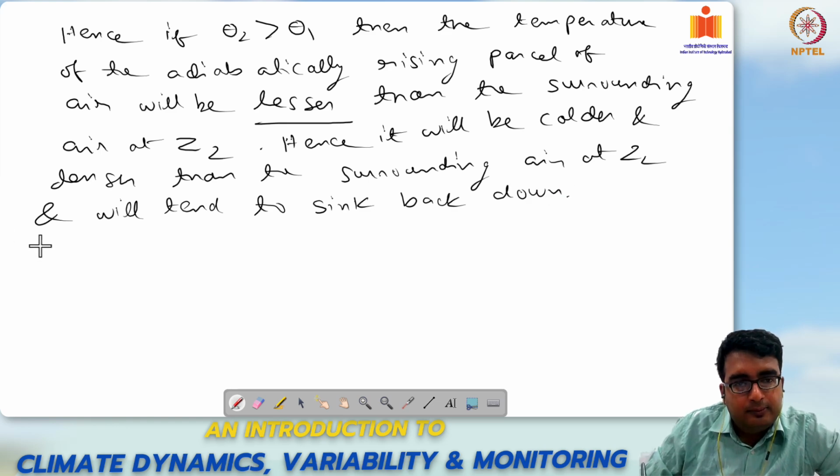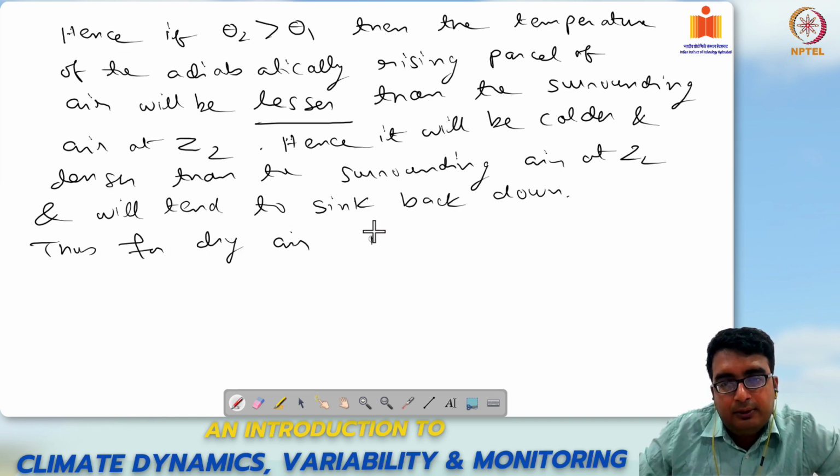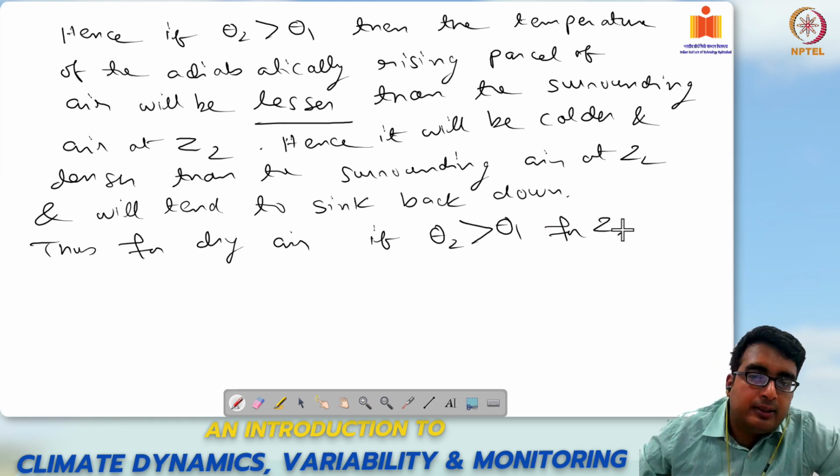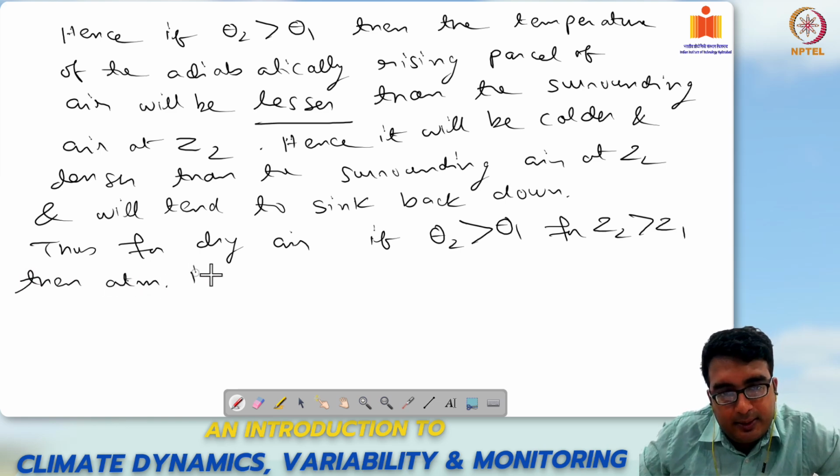Thus, for dry air, if theta 2 is greater than theta 1, for Z2 greater than Z1, then the atmosphere is stable.